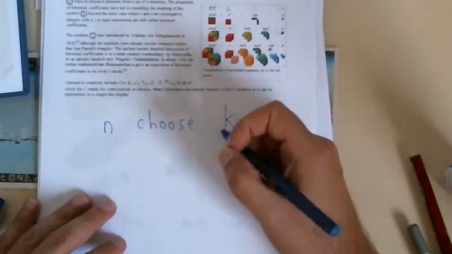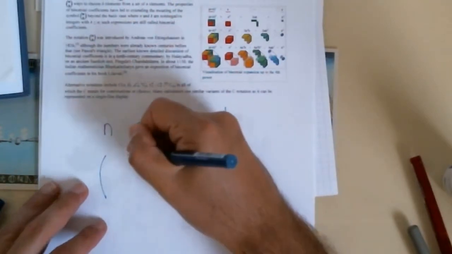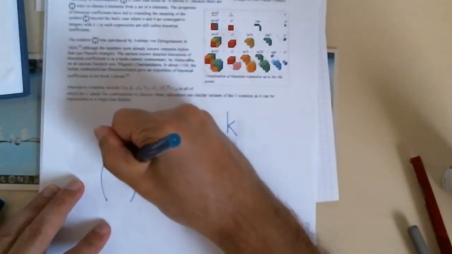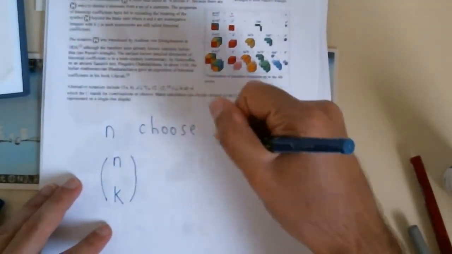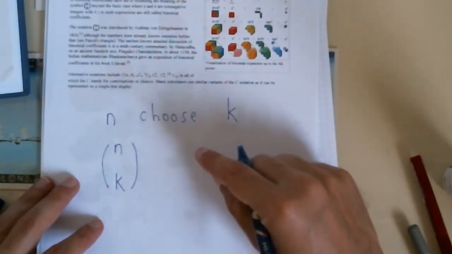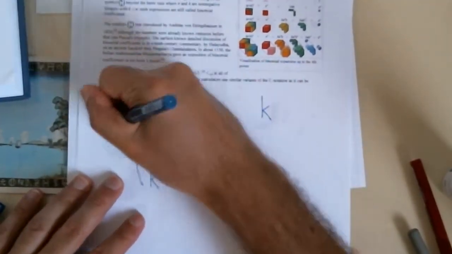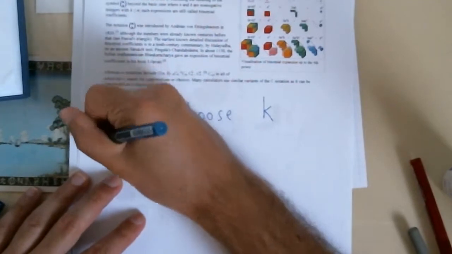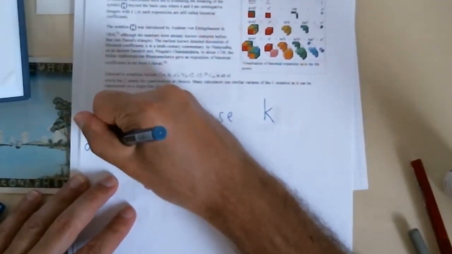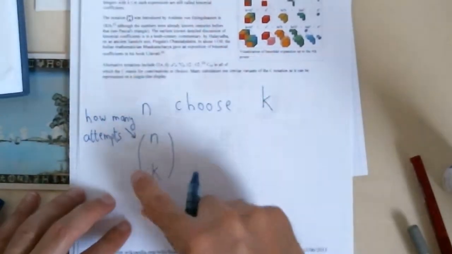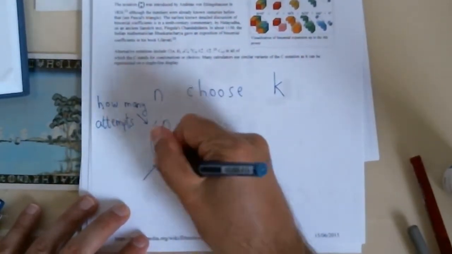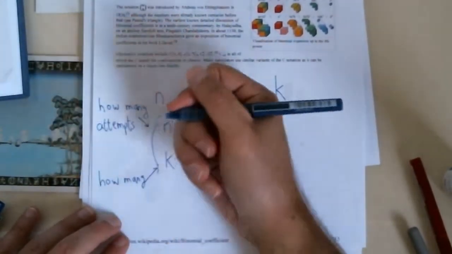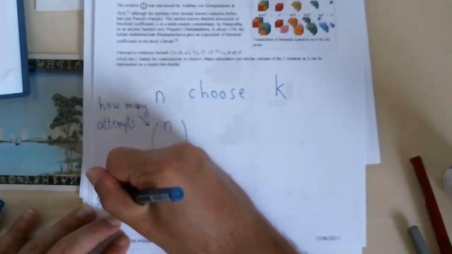First of all, the notation is round parentheses, n on top and k in the bottom. This is how many attempts, how many times we try, and this is how many successful attempts.